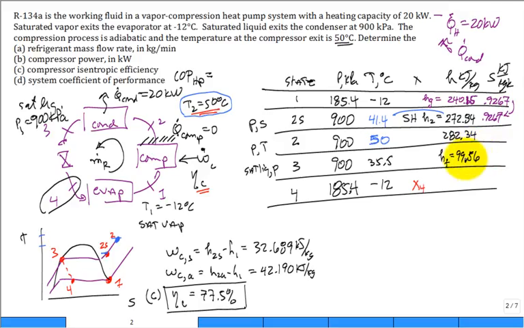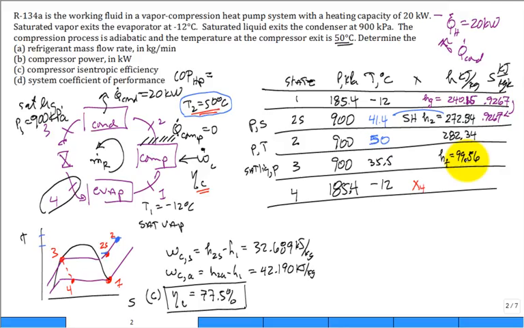I really don't need the entropy, so I'm going to leave it off. But I need that enthalpy, right? 99.56. Do you see that? Did you find it? Stop me if you don't find it. Everybody find it that has tables?